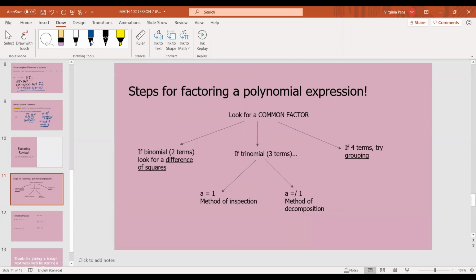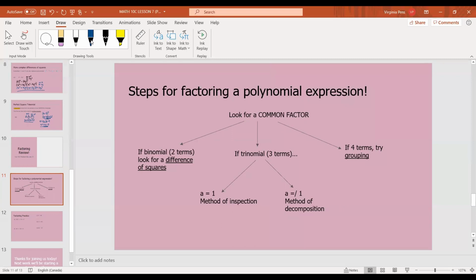Next, after you've taken out the common factor, you want to check if the polynomial expression is a binomial, a trinomial, or a polynomial with 4 terms. If it is a binomial, then you want to look for a difference of squares. If it doesn't have a difference of squares, then it can't be factored any further, so you just leave it like that.